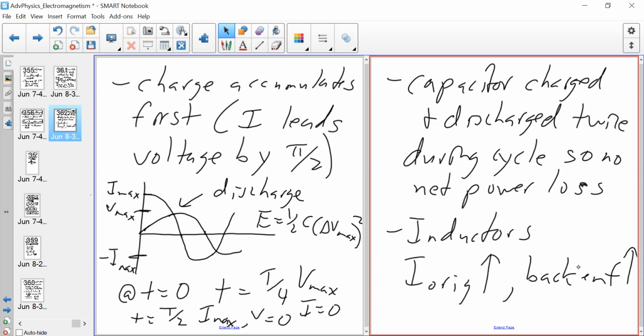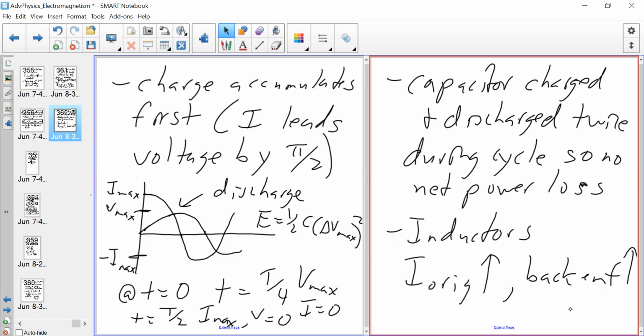And this back EMF is going to create a back current that's going to oppose this, and the current in the circuit is going to decrease. And so as this back EMF is setting up its own current, that induced current is going to create a back EMF to this back EMF.